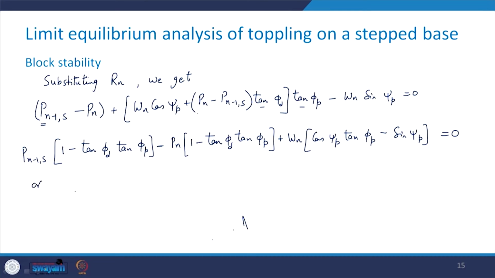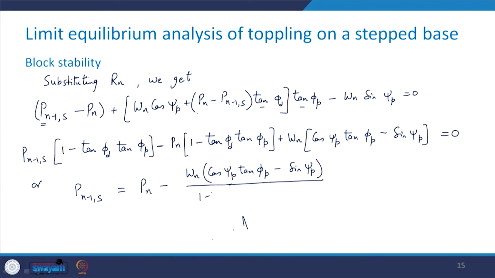Or we can write here Pn minus 1 comma S is equal to Pn minus Wn cos psi p tan phi p minus sin psi p, divided by this term, that is 1 minus tan phi d tan phi p.